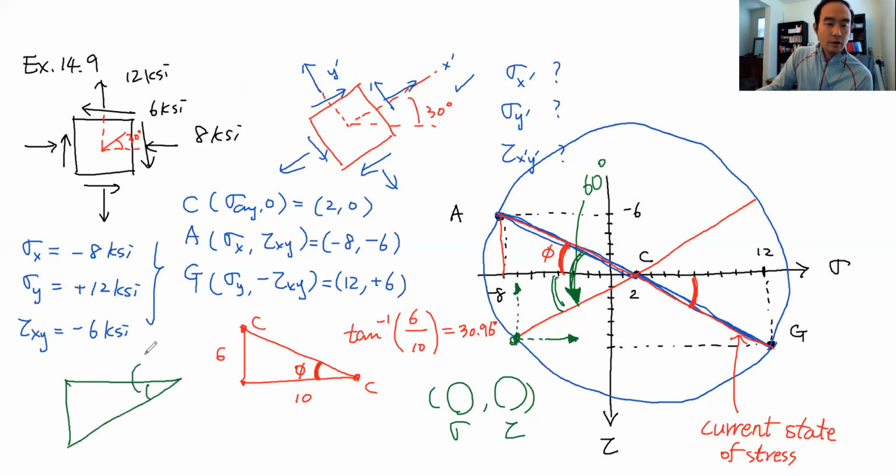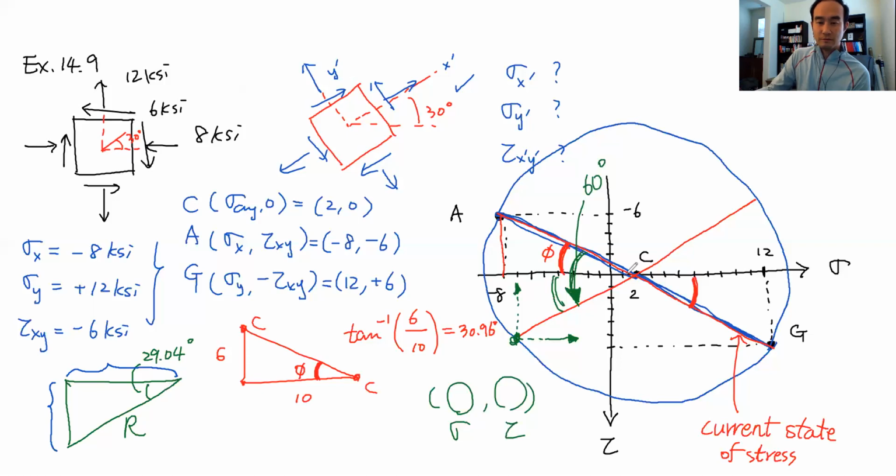And the angle is going to be 29.04 degree, right? So what we'd like to know is this base of the triangle and this height of the triangle. What we know is the radius.